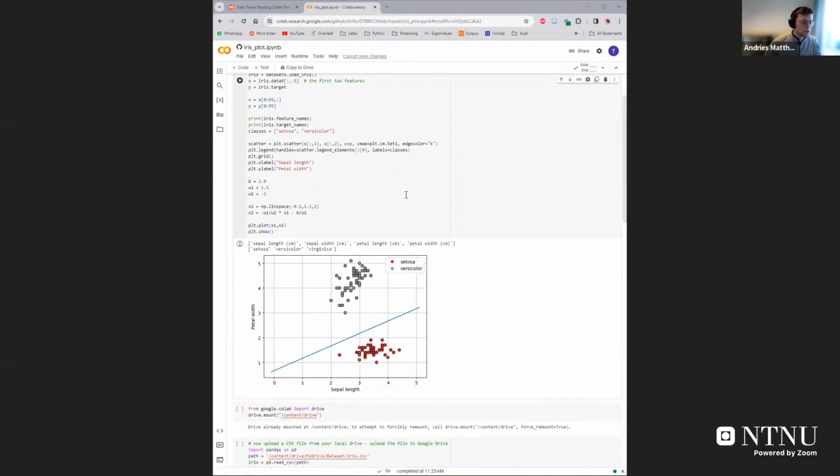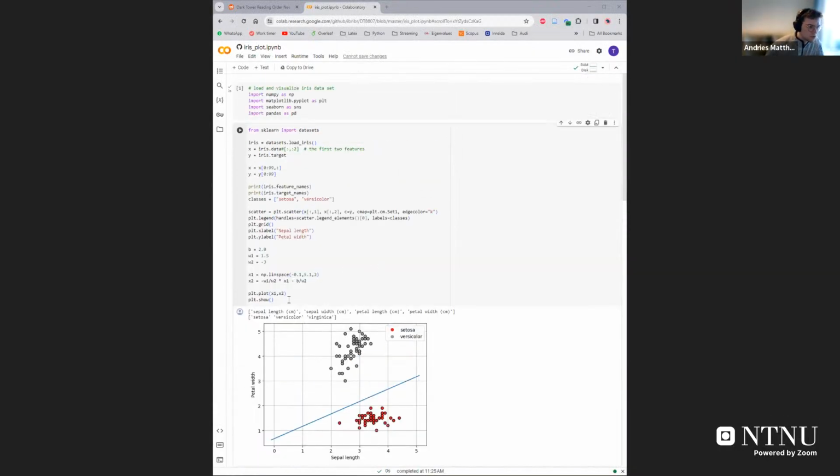What we did was, we found a decision line based on some trial and error values we tried to pick over here. So we managed to separate the Setosa from the other one, but the training loop we still need to implement.